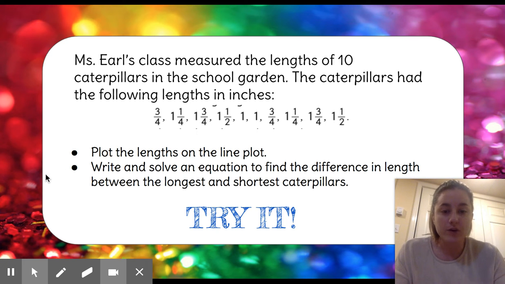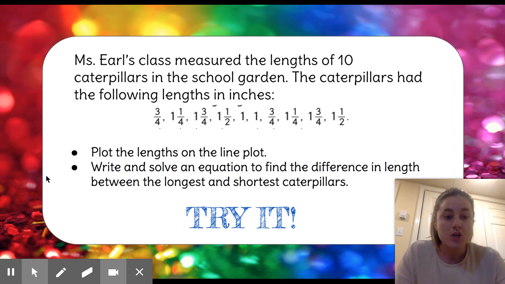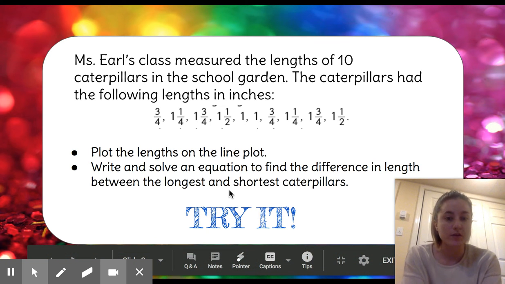Write and solve an equation to find the difference in length between the longest and shortest caterpillars. If you have your whiteboard or a piece of paper, I want you to draw a number line and try to figure out how you would plot these numbers and what the difference in length between the longest and shortest caterpillars would be.